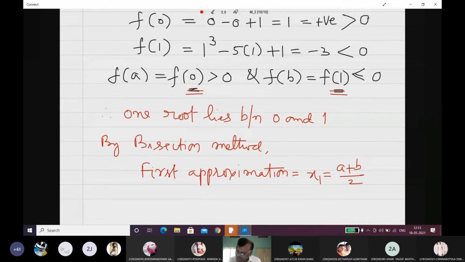That means, what is that value? 0 plus 1 by 2. What is its value? 1 by 2, which is equal to 0.5.